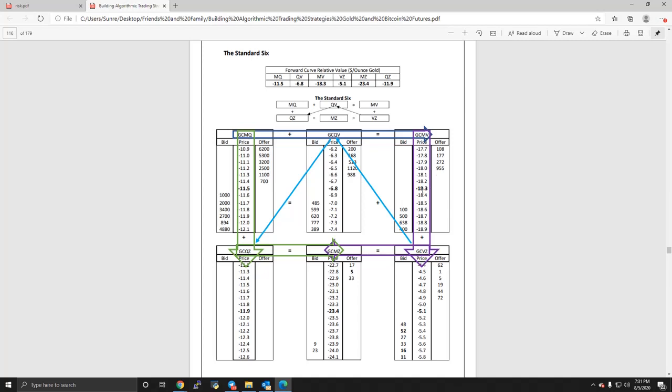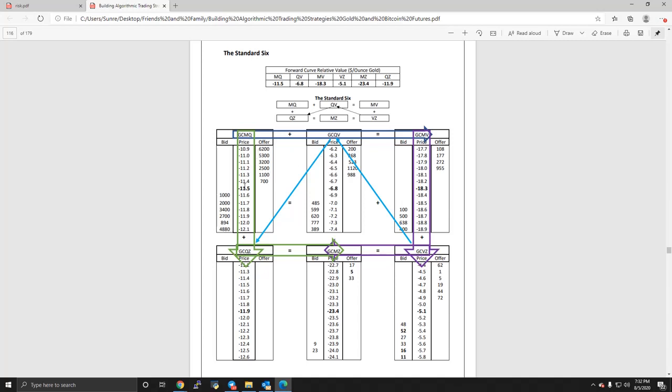And if it was not the mid-market price, there would be immediate arbitrage for a trader to take advantage of, which would readjust the mid-market price back to its mathematical standpoint. And the standard 6 expands the A plus B equals C mathematics down the curve.